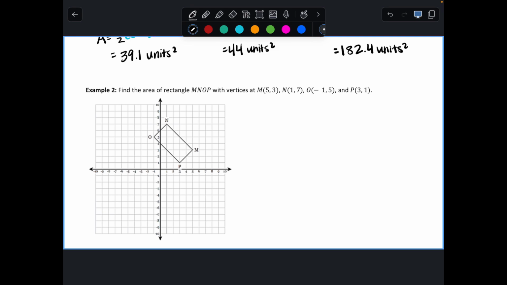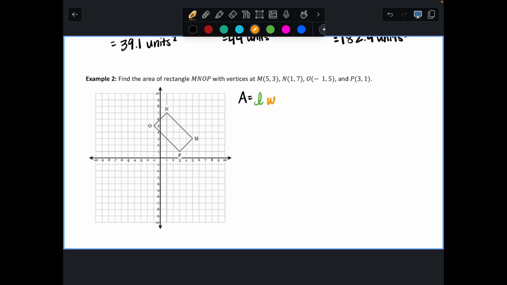So for the area for this rectangle, we need to find the length times the width. All sides are diagonal lines, so we can't just count boxes. We're going to have to calculate it using the distance formula. So first I'm going to calculate this side, n to m. So let's plug it into the distance formula.